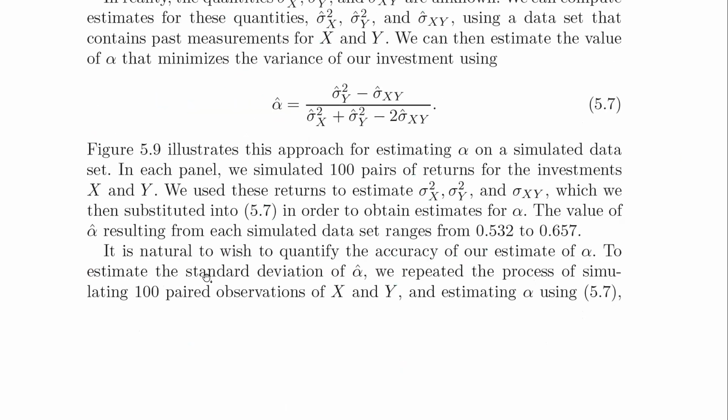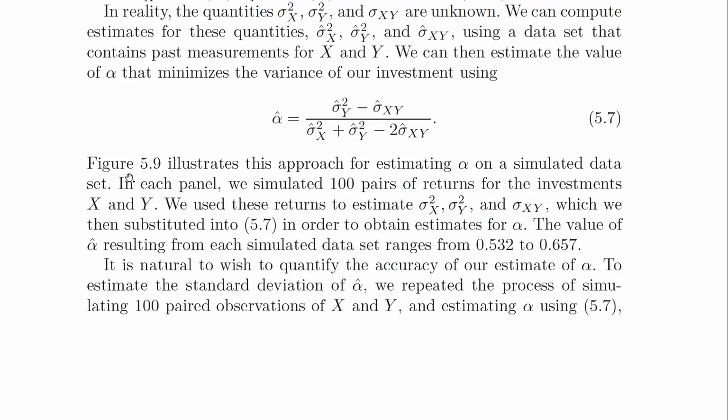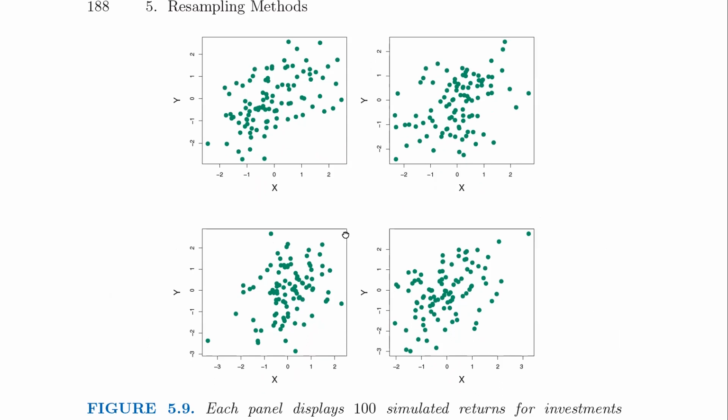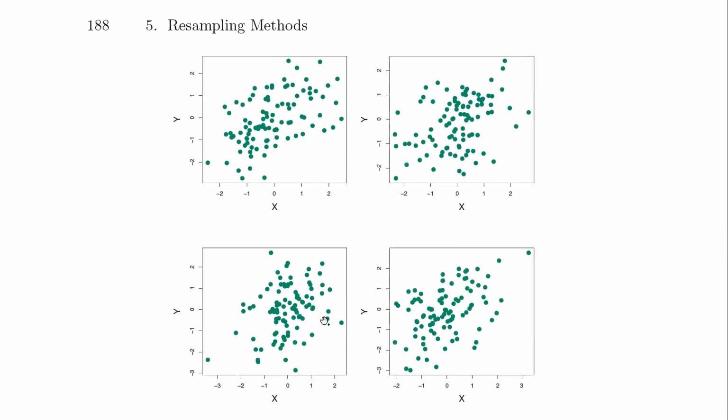And this is fun because it's like a finance example. Figure 5.9 illustrates this approach for estimating alpha on a simulated data set. In each panel, we simulated 100 pairs of returns for the investments X and Y. So we have 4 panels over here, and these are the returns.